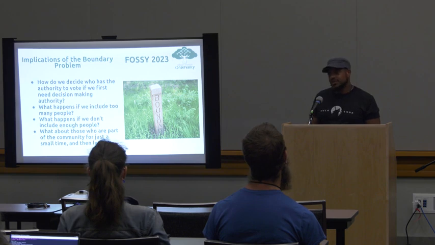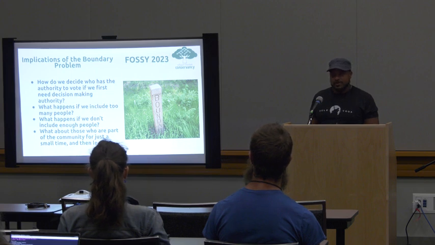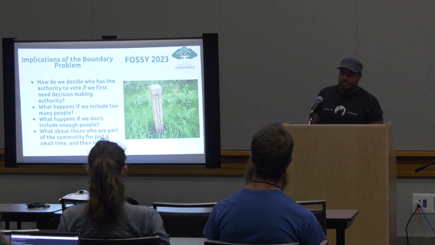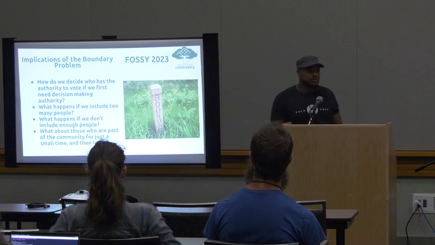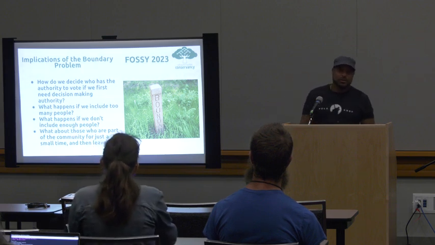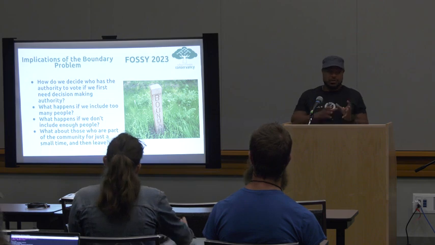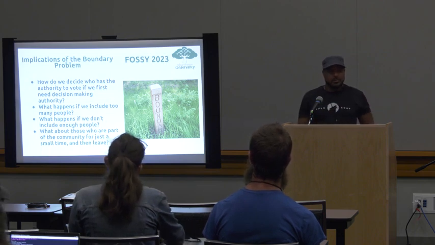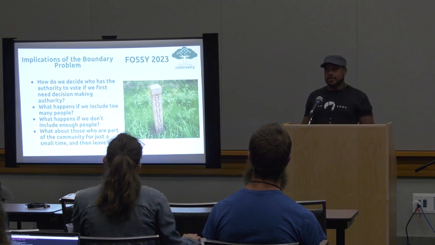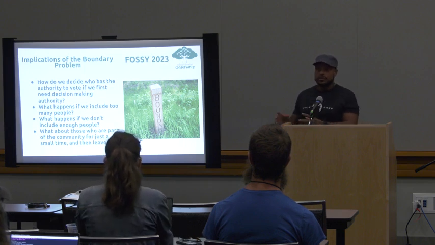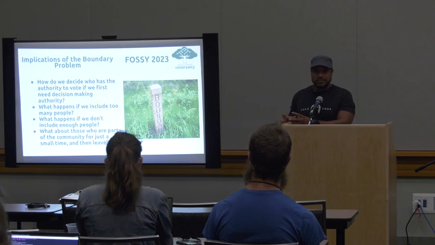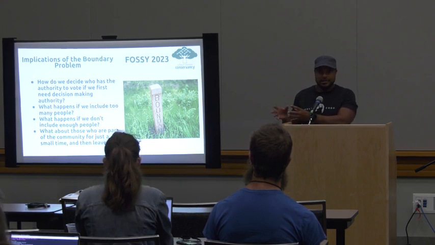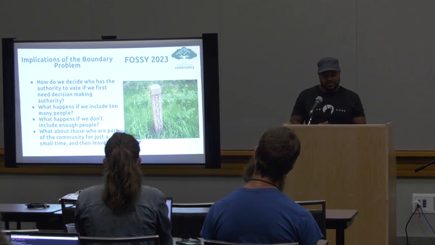What are the implications of the boundary problem? How do we decide who has authority to vote if we first need decision-making authority, right? What happens in some of these other things is what I'm calling constraints. What happens when you include too many people? Like you're designing this thing, and okay, too many people are involved. Oh, okay, too few were involved. And when I say involved, they don't have the ability to vote, let's just say, participate in the decision making.